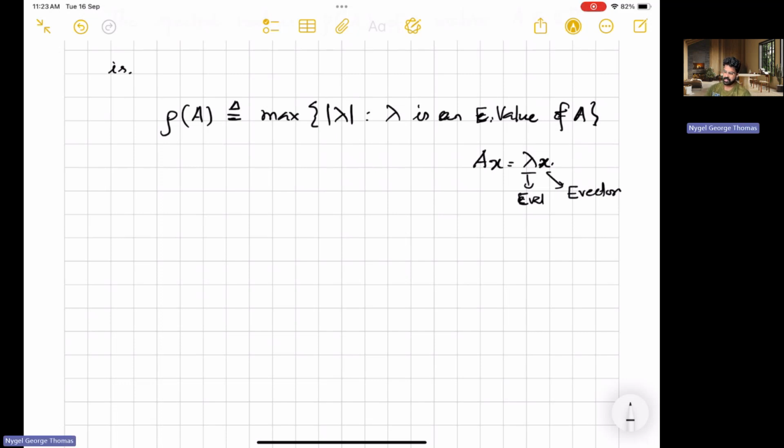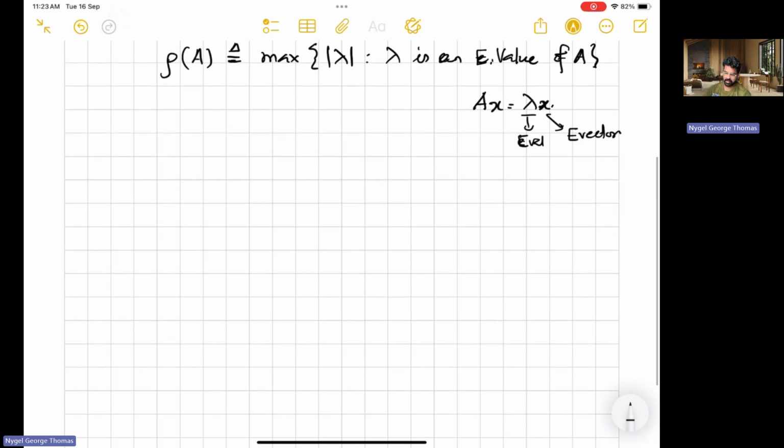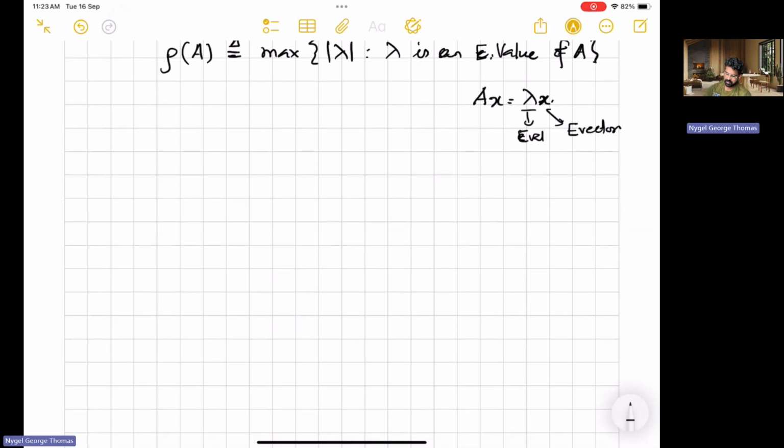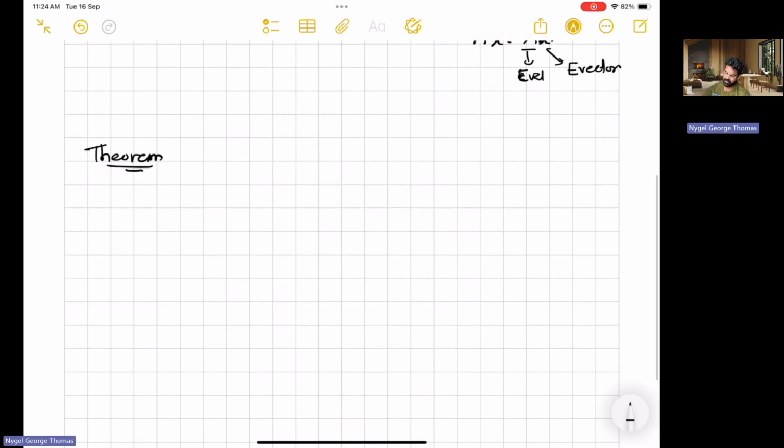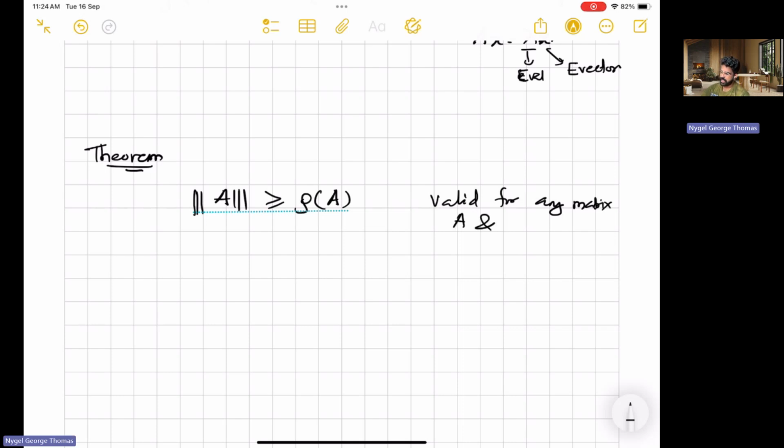So how do we prove this? What I mean is, the theorem says the norm of A is always greater than or equal to rho of A. This is valid for any matrix A and any norm.